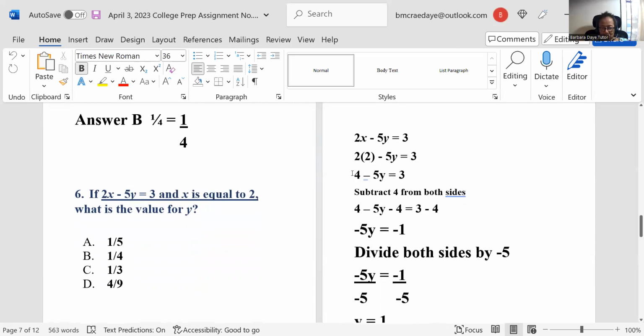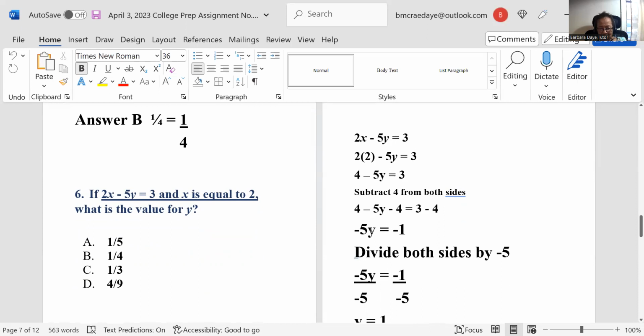Subtract the 4 because the 4 is added here, and we want to get the 4 on the side with the other constant. So we subtract the 4 and we're left with just a negative 5y. 3 minus 4: remember, unlike signs, you subtract. Take the sign of the greater absolute value number, and that's the 4. So minus 5y equals minus 1.